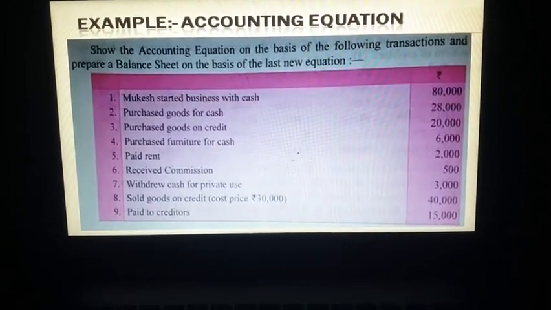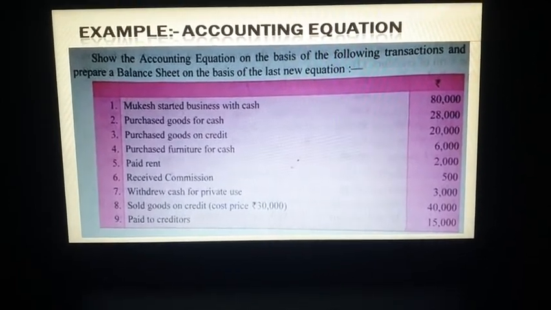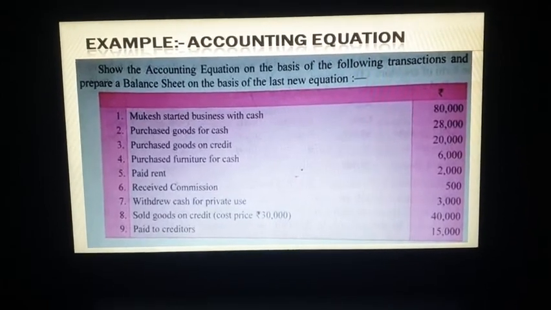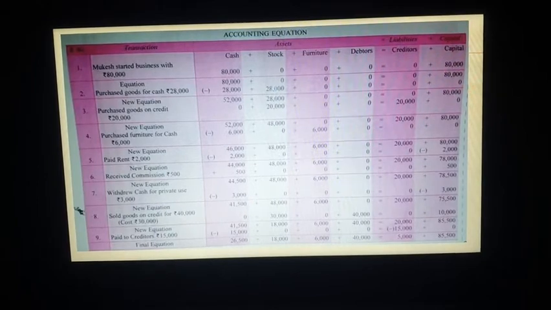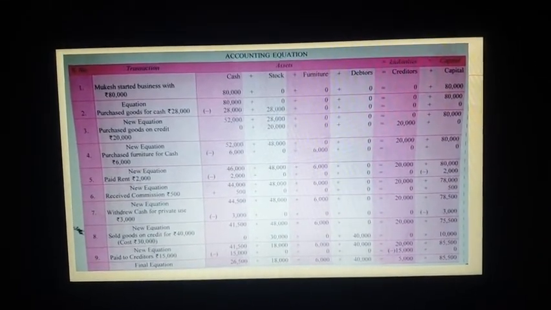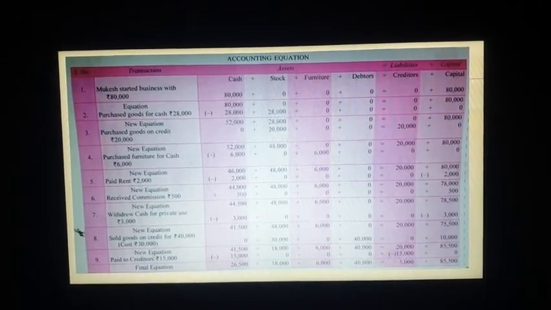One, cash will be reduced from the asset part, and second, drawing will be reduced from the capital because it is drawn by the owner. So you will see the impact in number 7, that cash is reduced by 3,000 and capital is reduced by 3,000. After that, the total of all assets equals liability plus capital.